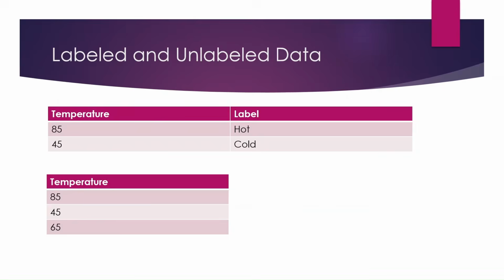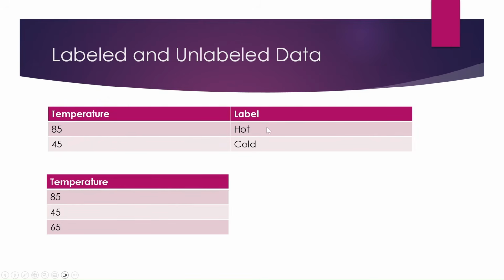Now that we understand the training set, let's understand what is labeled and unlabeled data. So suppose we are building a system to classify weather as hot or cold based on the temperature. Then the training data set that we might use might look something like this. Here in the first column, we have the exact values 85, 45.